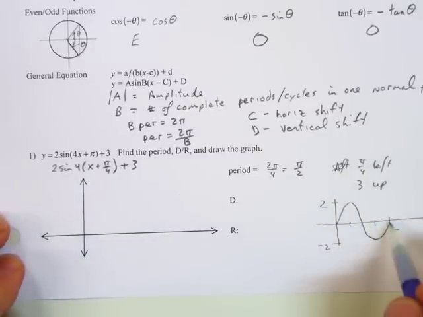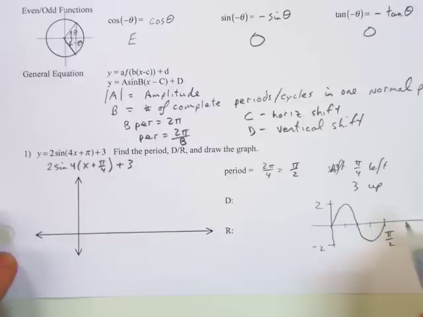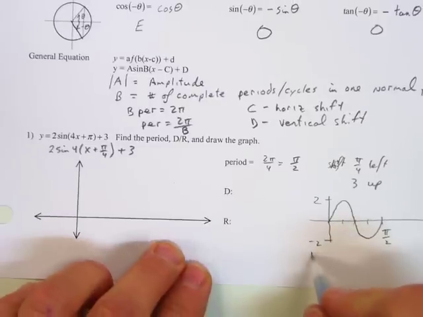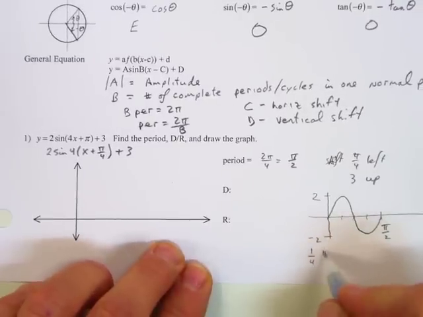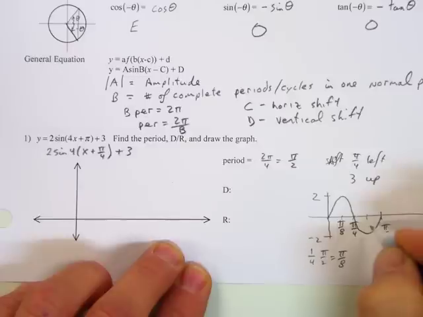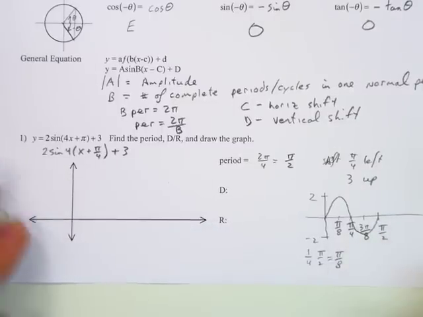How many intervals are there in a complete period? We're going from mid, high, mid, low, mid. There's 1, 2, 3, 4. What can you say about all 4 of those? They're all equal. So 1/4 of the period would be pi over 8, which means this would be pi over 8, 2 pi over 8, which reduces to pi over 4, 3 pi over 8, and then 4 pi over 8, which is pi over 2.